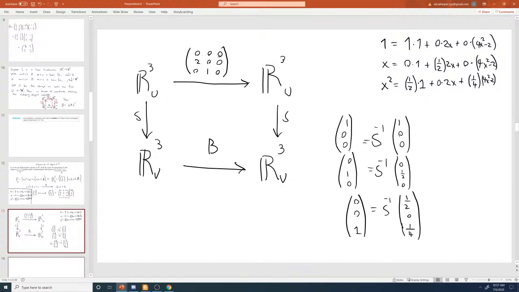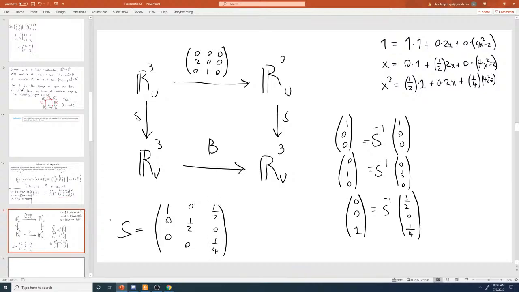First, let's understand what this tells us about S inverse. If we multiply both sides of this by S, we see that S is going to be the matrix 1, 0, 0, 0, 1/2, 0, and then 1/2, 0, 1/4.